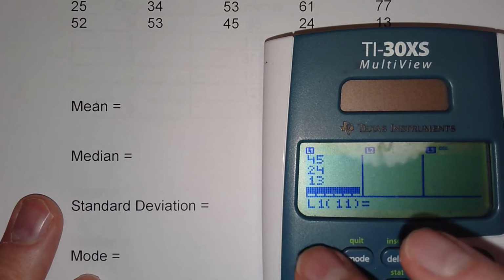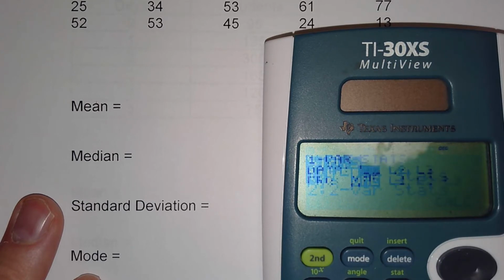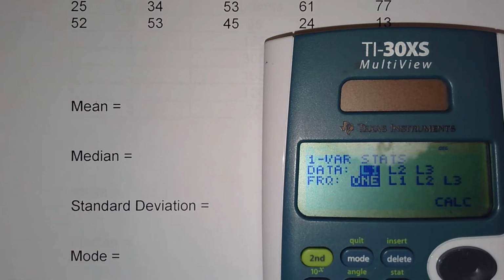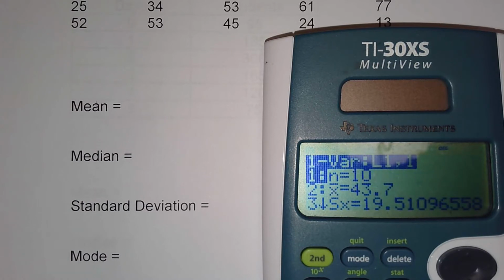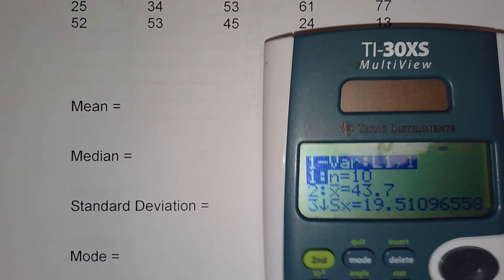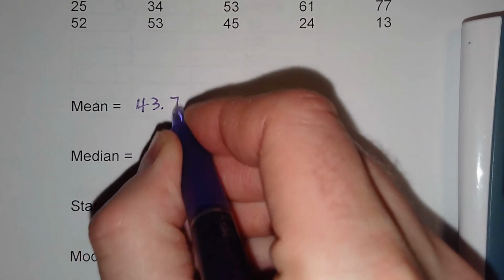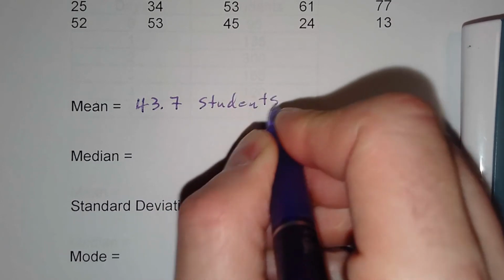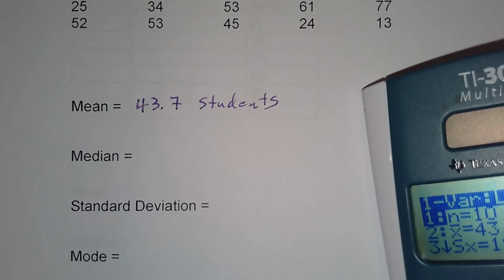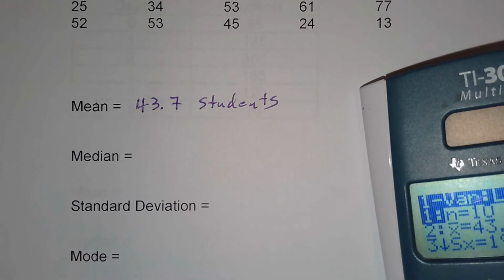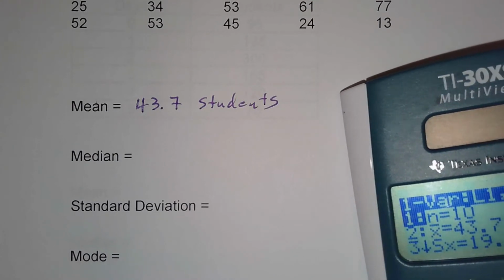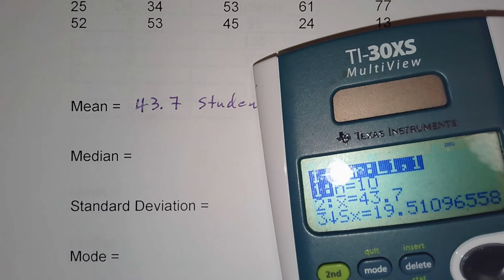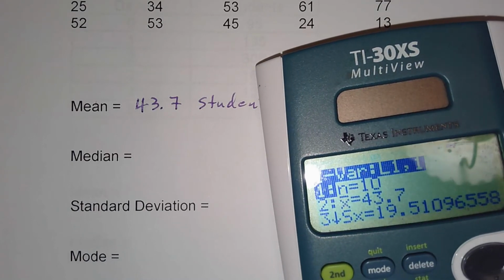So I'm going to do my second data, one variable stats, data is L1, frequency is 1, so we're good to go. And here we got our mean, 43.7 students. Standard deviation, we're going to go with what the book uses now. The book is going to go with that 19.51.